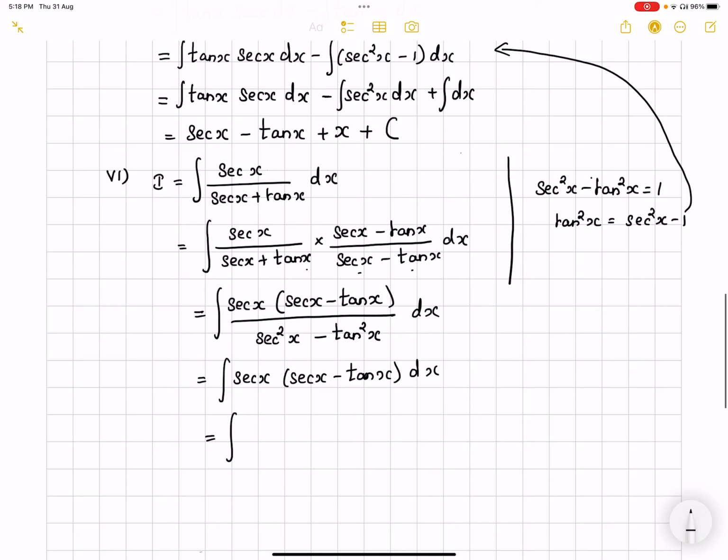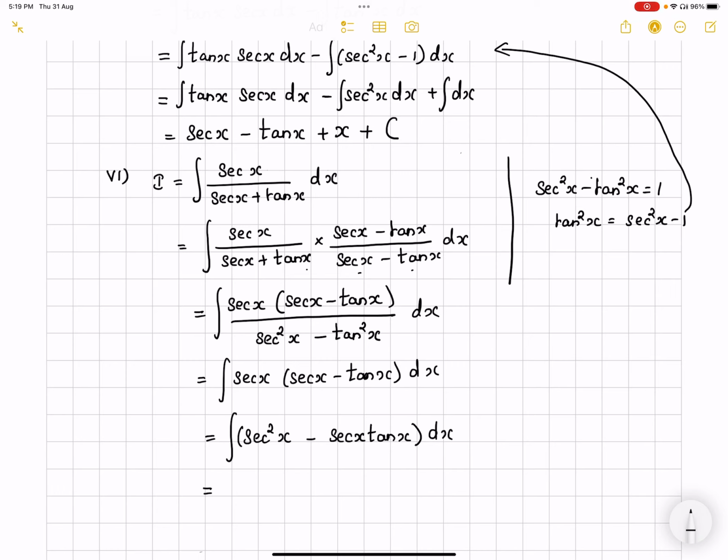Multiply the terms, you would be getting secant square x minus secant x tan x dx. Now, do we have integration for secant square x? And do we have integration for secant x tan x? Yes. Since we have, we will integrate it.